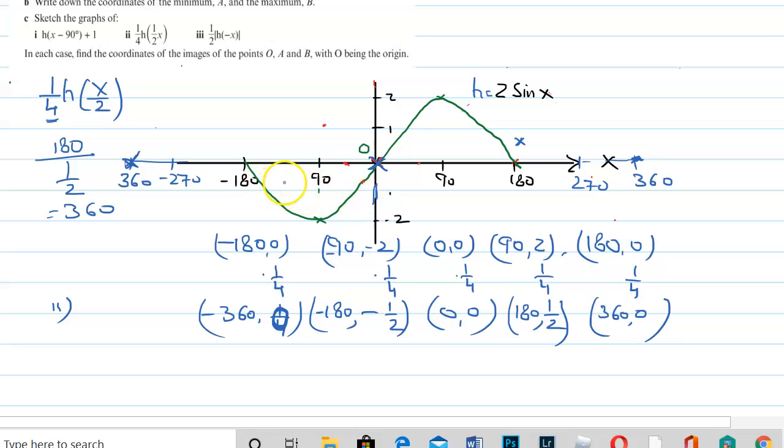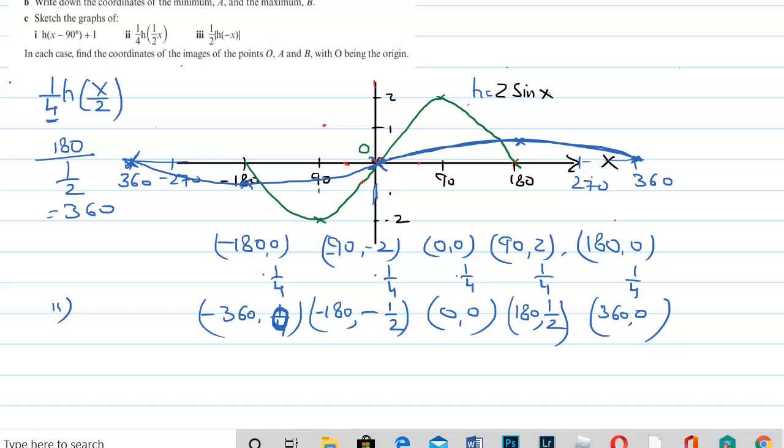This is 1, and this is at minus 180 it is minus half, somewhere here. So the graph will be, so this will be the graph.